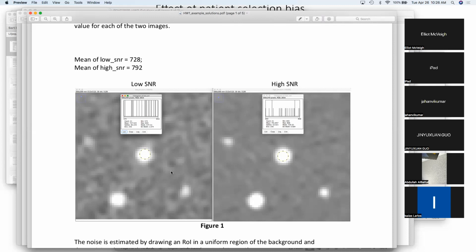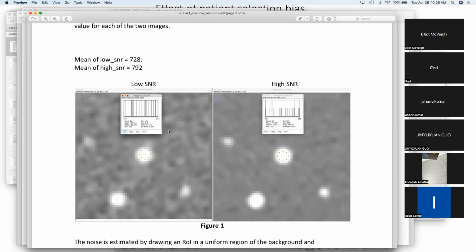So with low signal to noise, you can see the variability on the constant background is higher than in a high signal to noise, because we have reduced the amount of variability in the signal. Ideally, the mean value here and the mean value here will be the same, right?